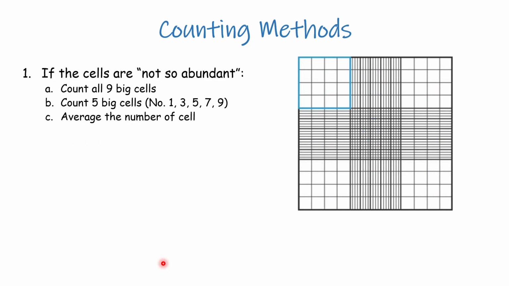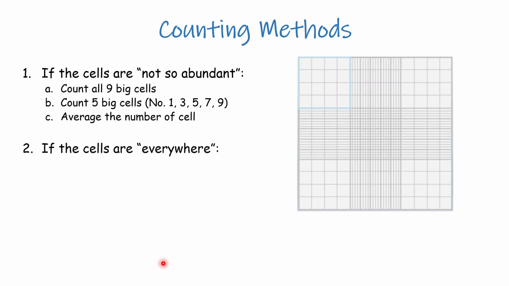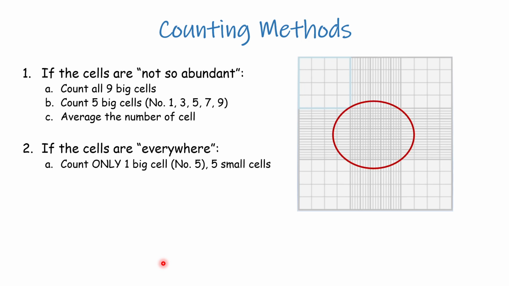So the alternative to that is this one. Basically, we count only the cells within big cell number 5. And what we want is actually to count all of the cells within this big cell number 5. So we count every cell within this big cell, right?